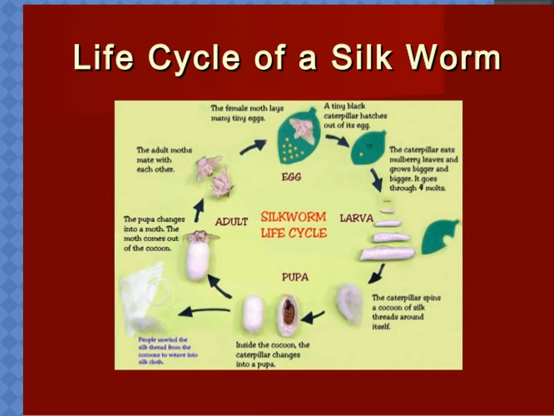So the silkworm making the silk is also one kind of fiber. The animal lays eggs and gives the larva, which makes the silk. That fiber we are using to make silk cloths.